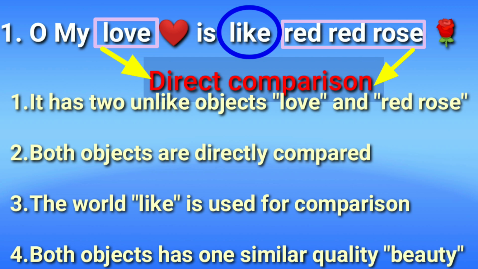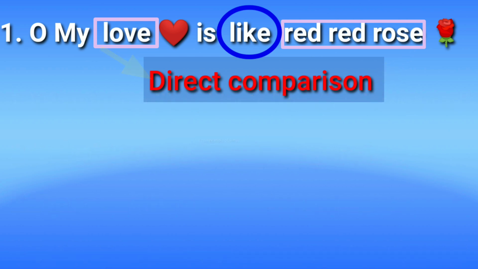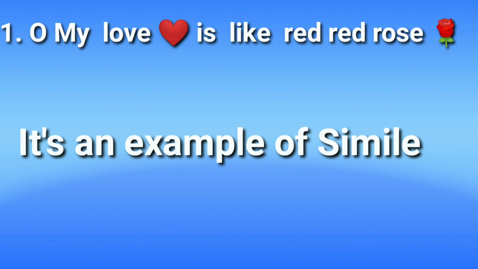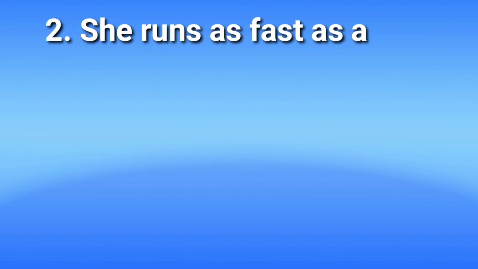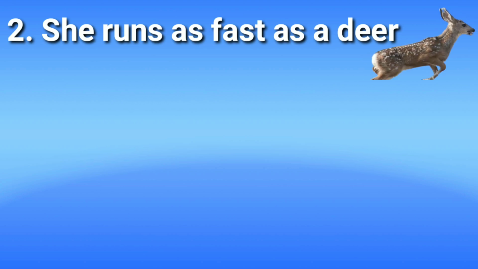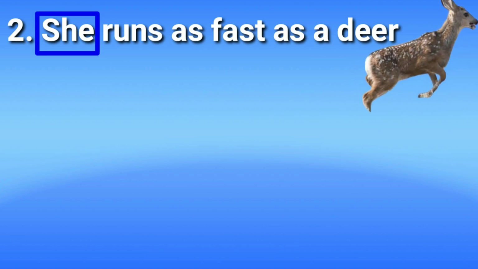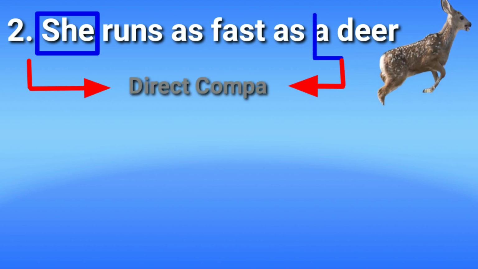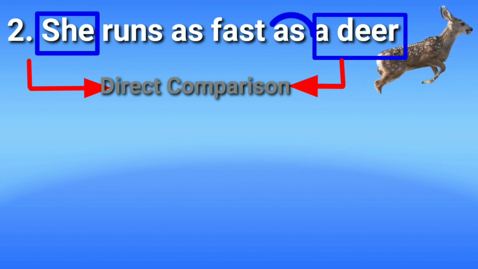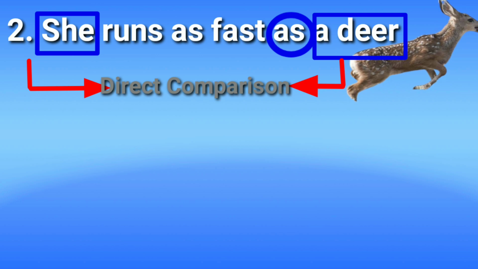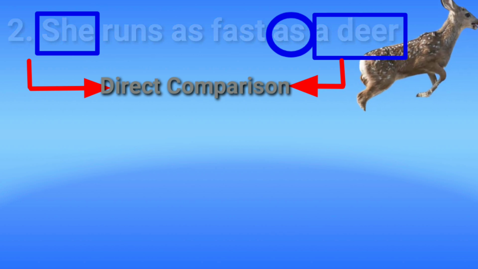So it fulfills all criteria. That is why it is an example of simile. Look at another example. She runs as fast as a deer. Now here also she is being directly compared with a deer by using the word as. So I hope you understood simile.